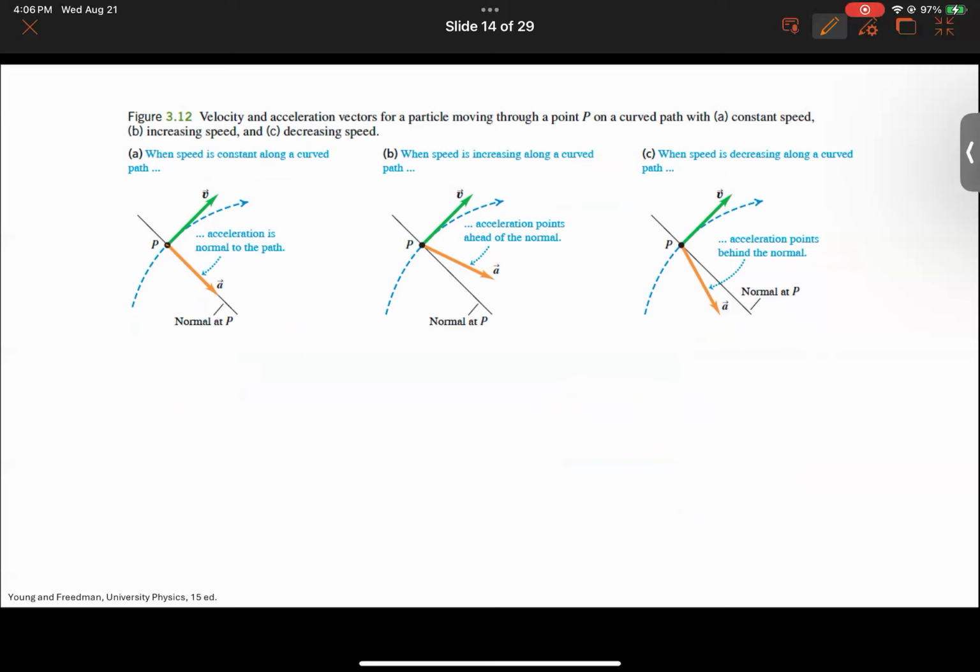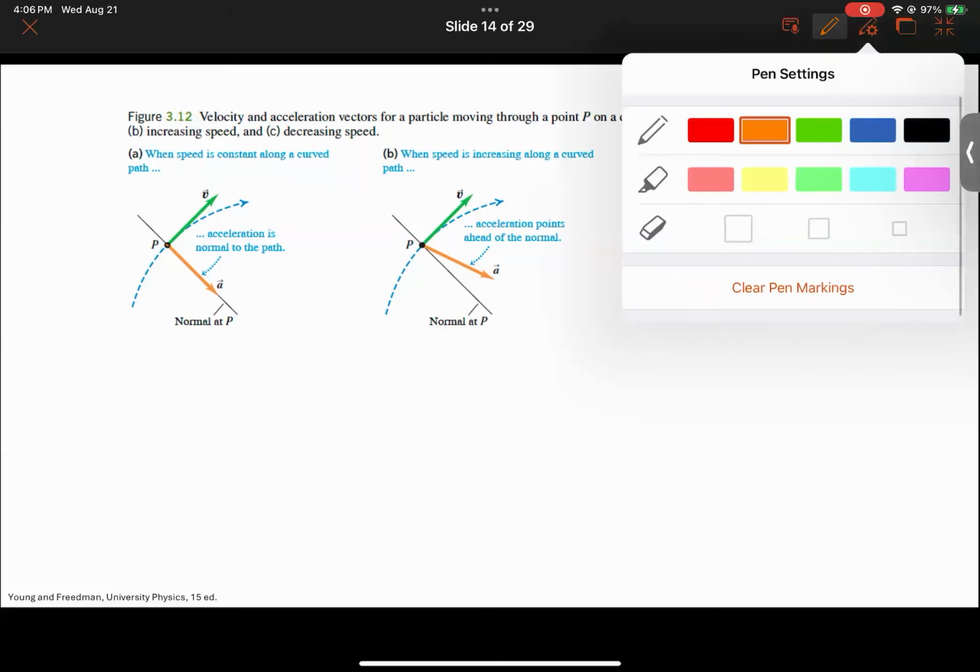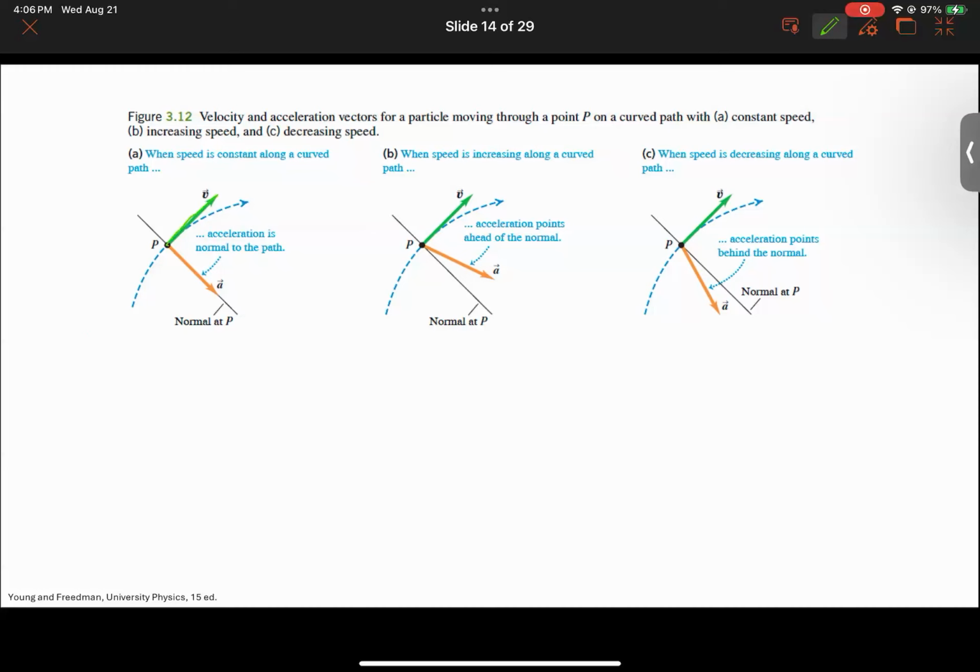Okay? Well, you have a motion na kung saan yung speed ay constant. So if the speed is constant, hindi nagbabago yung magnitude ng velocity vector. Ang nagbabago lang sa kanya is yung direction.